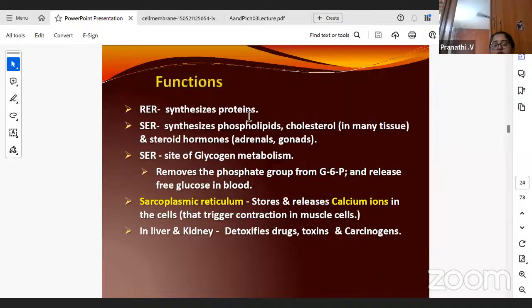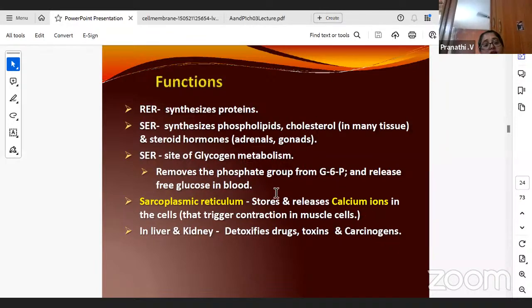Rough endoplasmic reticulum function is protein synthesis. Smooth is involved in the production of different kinds of phospholipids, which are going to get attached to the cell membrane or the plasma membrane. You have the production of cholesterol and the production of different kinds of hormones. All of it is taking place in the smooth endoplasmic reticulum.